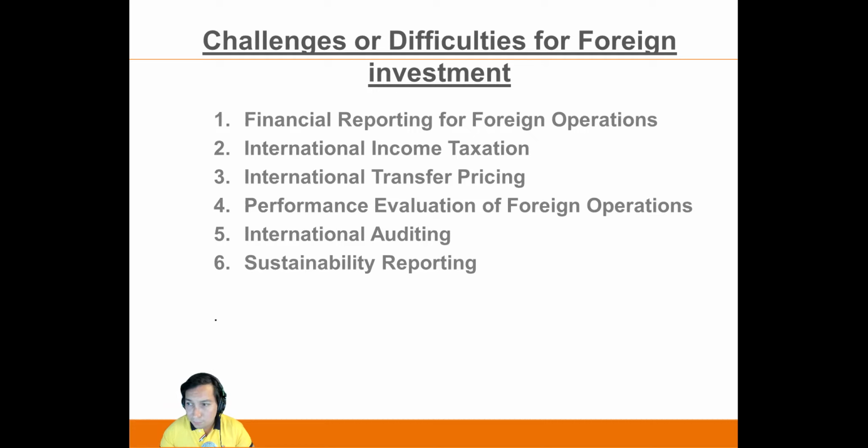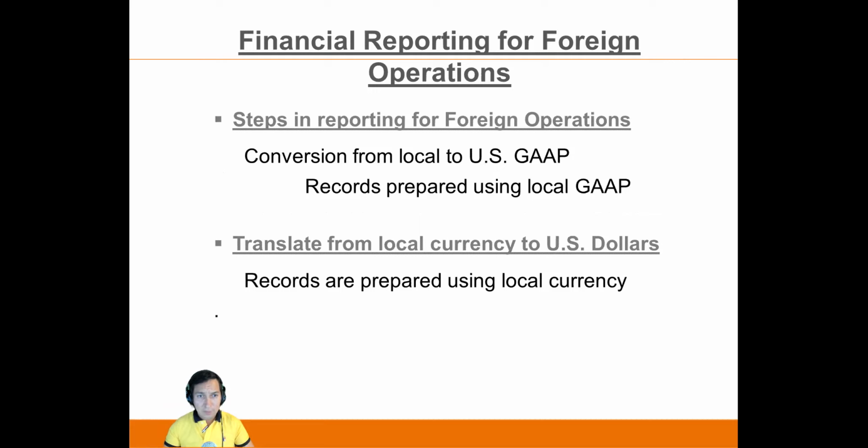So the first one is financial reporting. What that means is we need to translate and convert our financial operations to US dollars, or maybe to Mexican pesos. It would depend totally on the investor perspective.